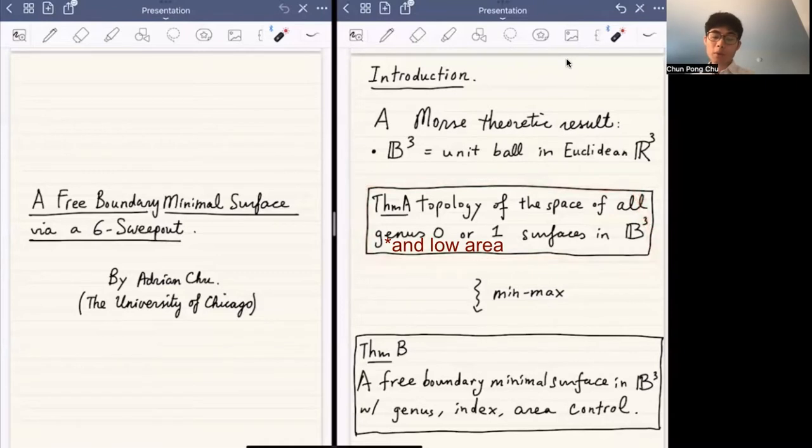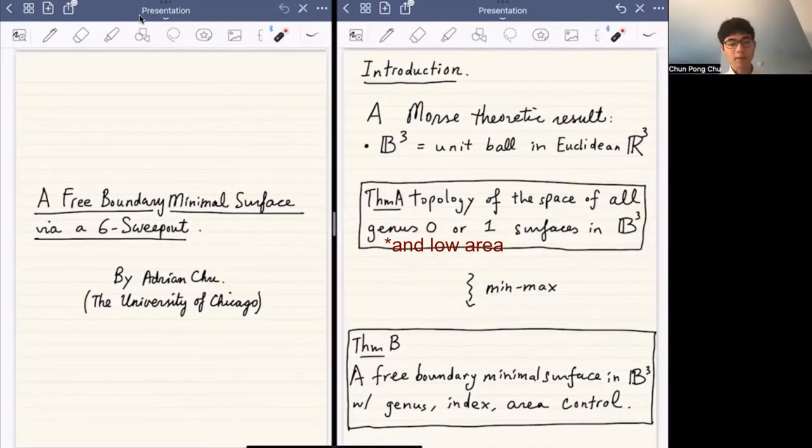And critical points of the area functional are free boundary minimal surfaces in B3. Therefore, we will obtain a free boundary minimal surface in B3 with genus, index, and area control. Okay, so that's the end of the introduction.